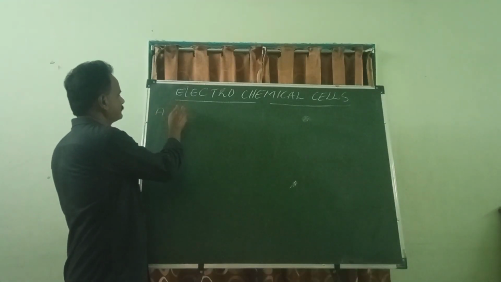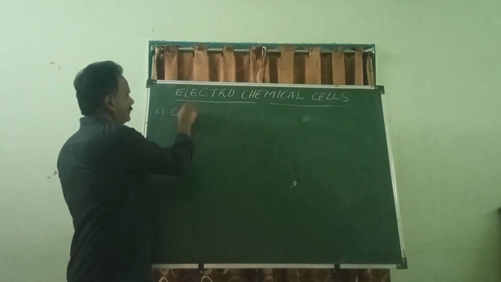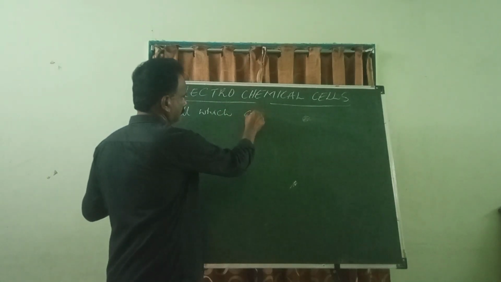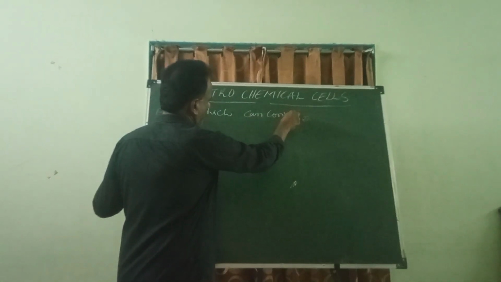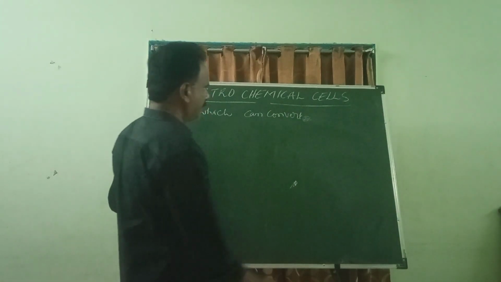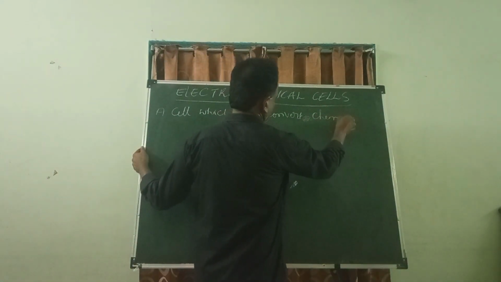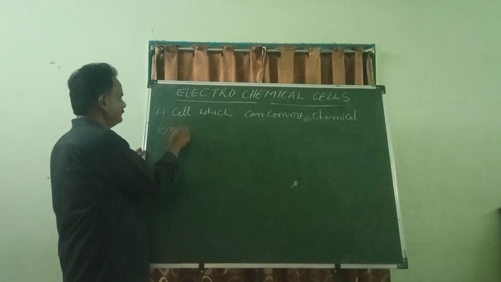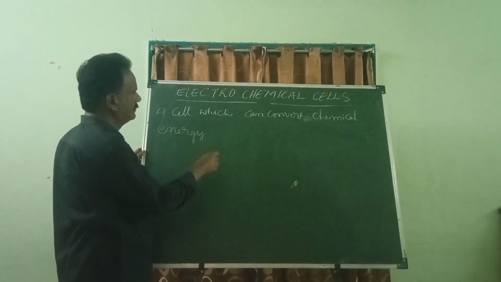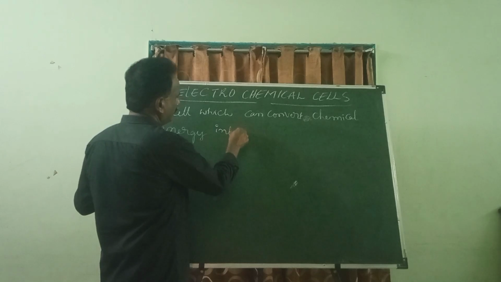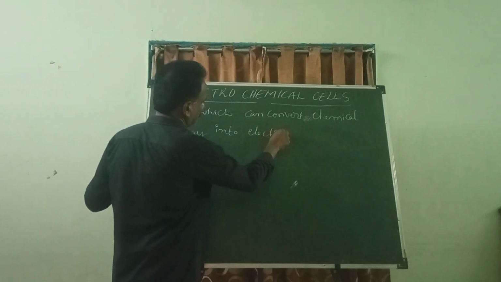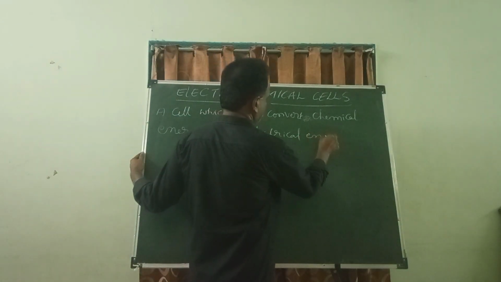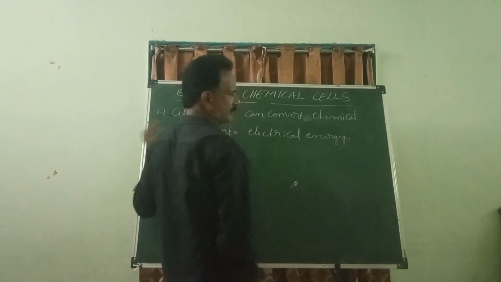A cell which can convert chemical energy into electrical energy is called an electrochemical cell.